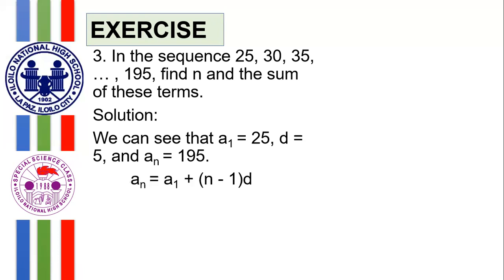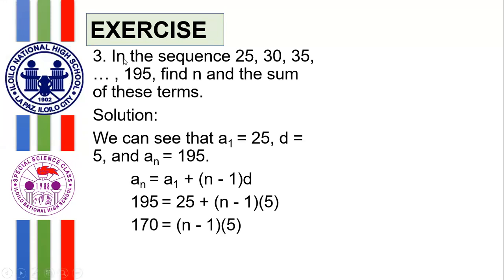By substitution to this formula, we have 195 equals 25 plus n minus 1 times 5. Our goal here is to solve for the value of n, which is the number of terms. Subtracting both sides by 25 gives 170 equals n minus 1 times 5.